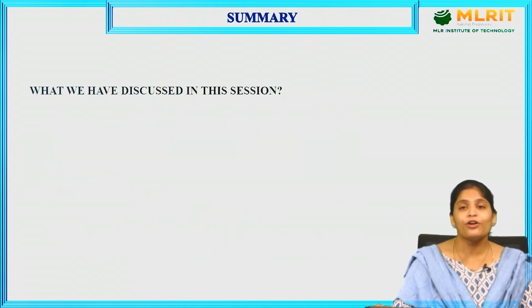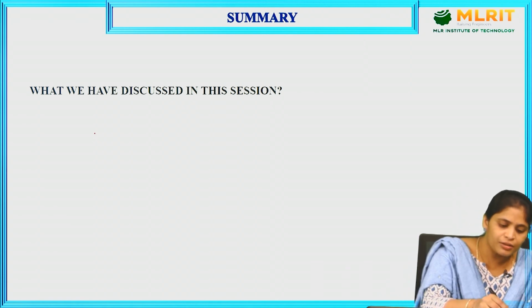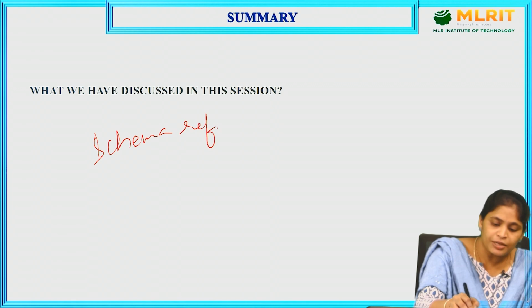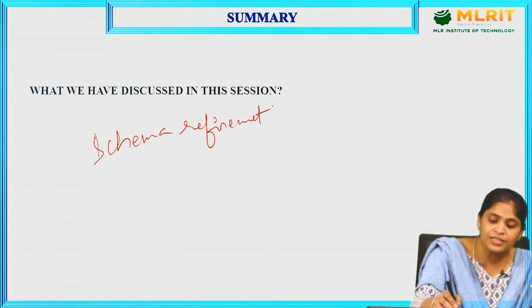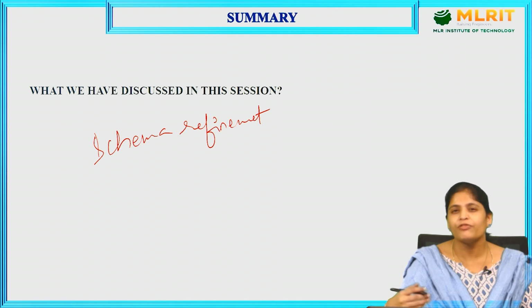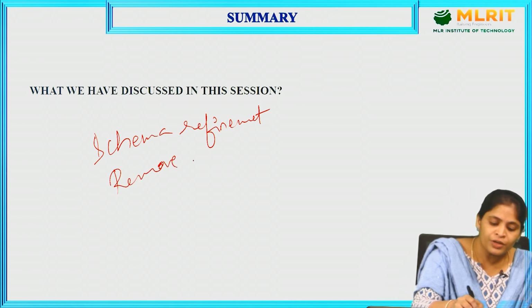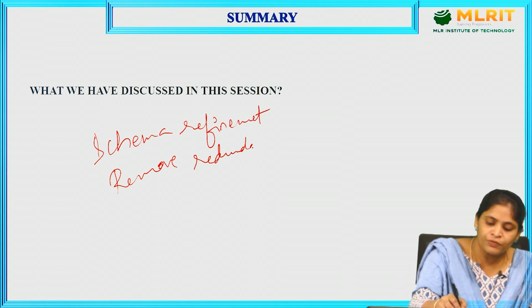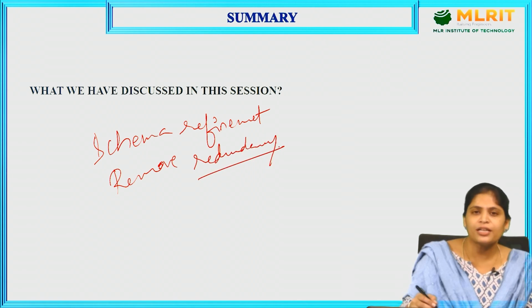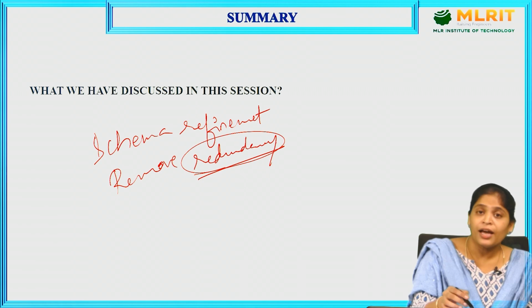So, what have we discussed in this session? About schema refinement. That means we refine the schema. Whatever the schema is, how we can refine that schema, that means to remove redundancies. So what is a redundancy? Nothing but duplication of data. What is a redundancy and what are the problems caused by redundancy?